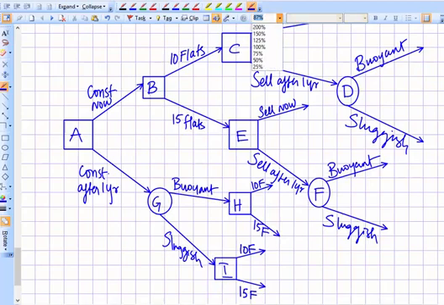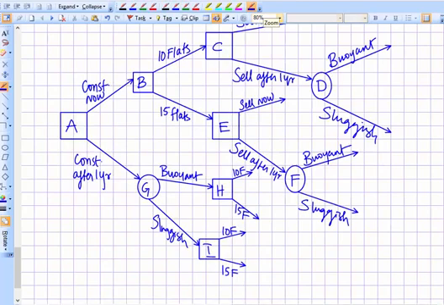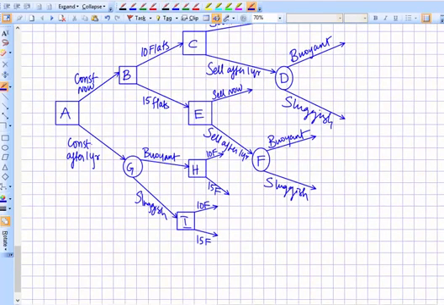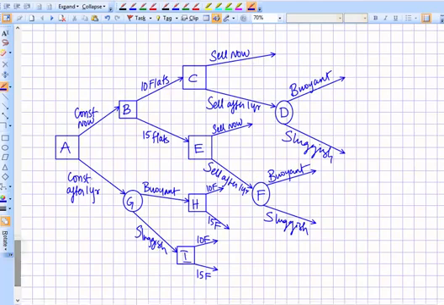Let me just reduce the size to see how it will look in totality. Or I think I should reduce even further. So let's see how this decision tree looks. Yeah. So this is the complete picture of our decision tree where we have covered all.